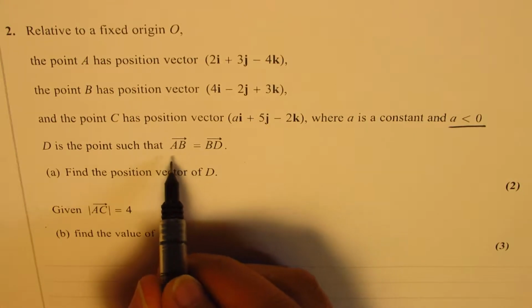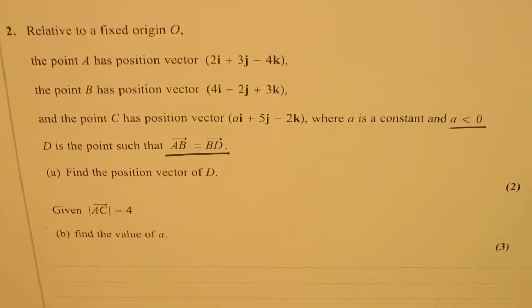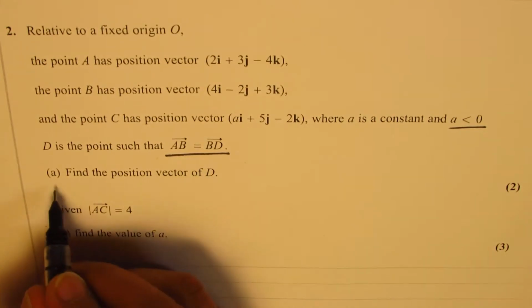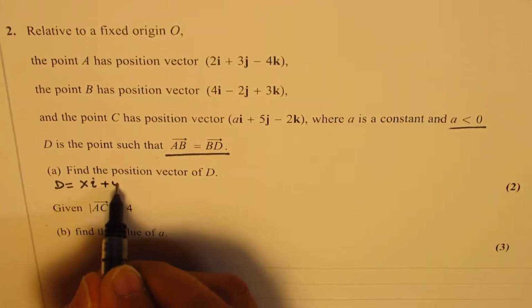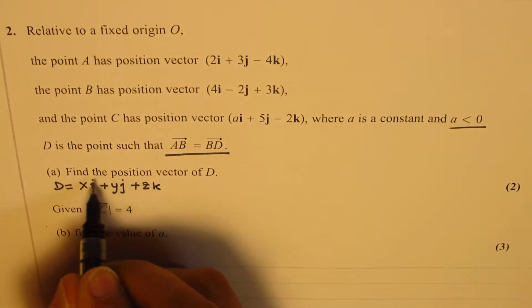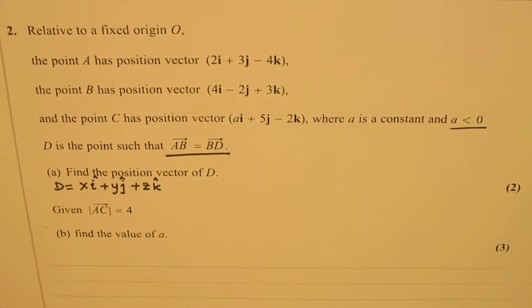So let's work with part A, where we are given that the vectors AB and BD are the same, and we need to find the position vector D. Let us say that the position vector D is xi plus yj plus zk, where i, j, k are unit vectors along the directions x, y, z.